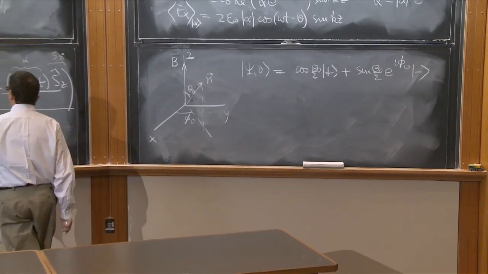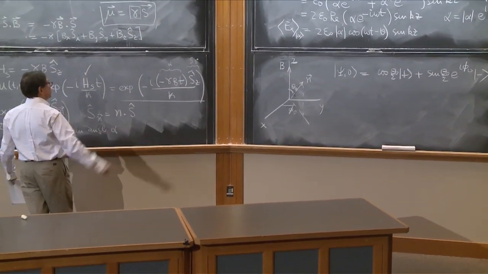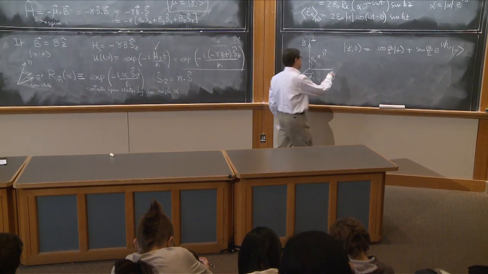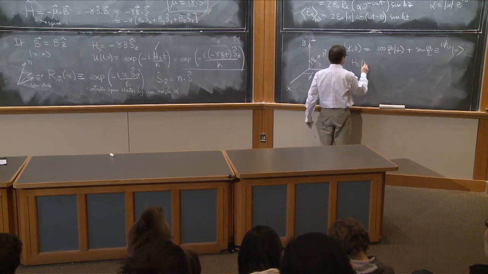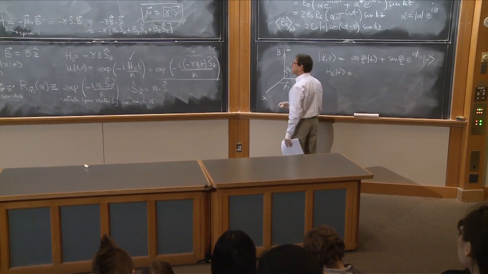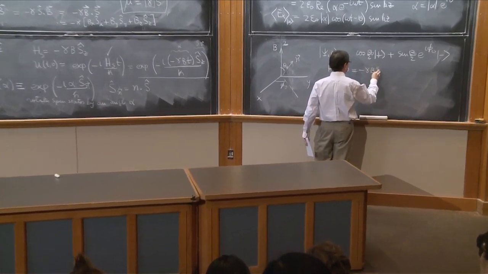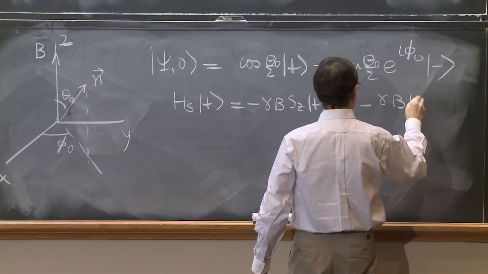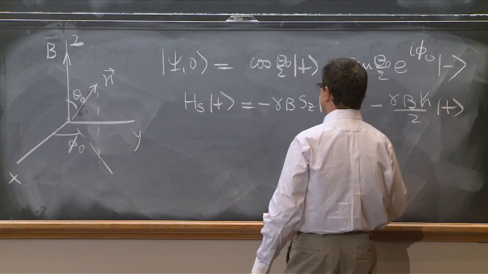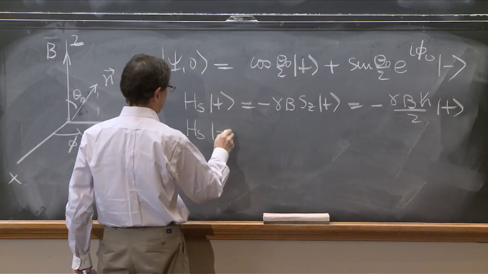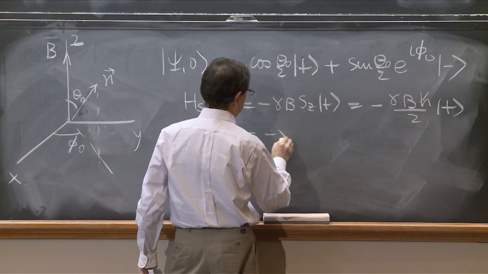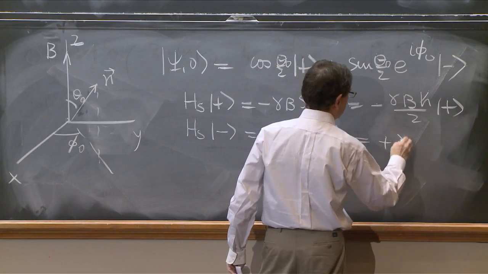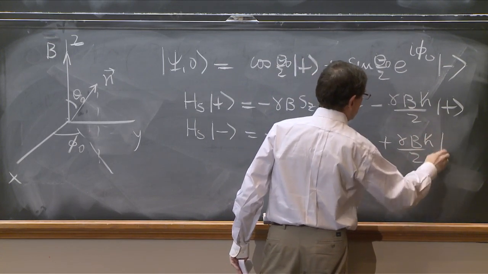That was the general formula for a spin state. Now we are going to apply the time evolution operator, but let's do a preliminary calculation. Hs on plus is minus gamma b sz on plus, so minus gamma b h bar over 2 plus, and Hs on minus is equal to minus gamma b sz on minus, equal plus gamma b h bar over 2 minus.